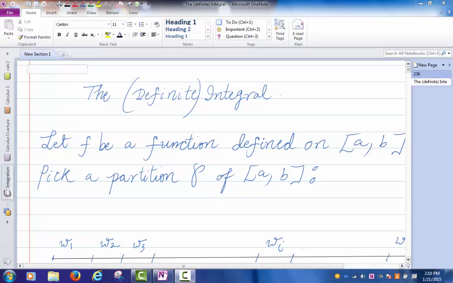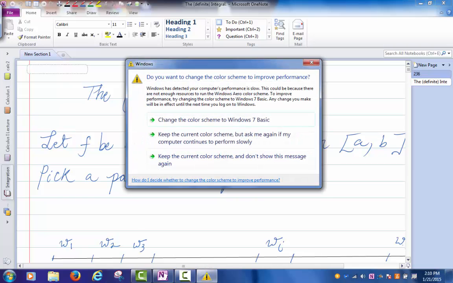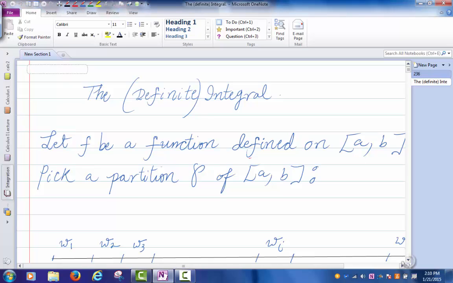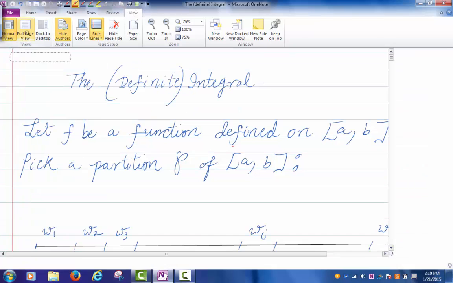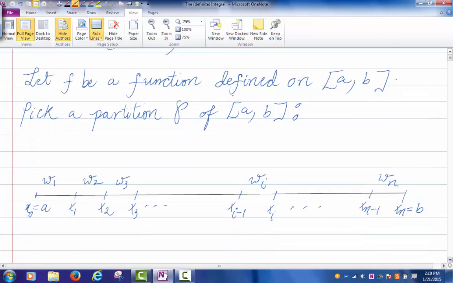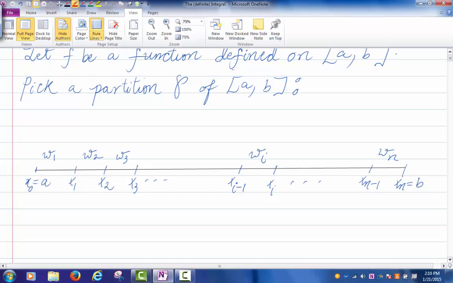And let's pick a partition P of that interval. So what do I mean by a partition? Partition means that I have the interval from A to B. A partition of that interval basically means a collection of distinct points from that interval.